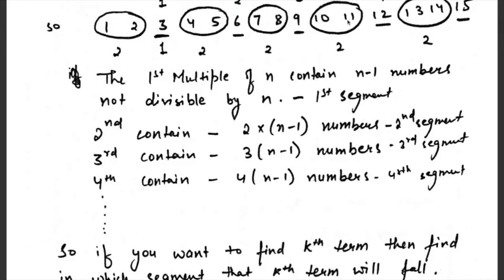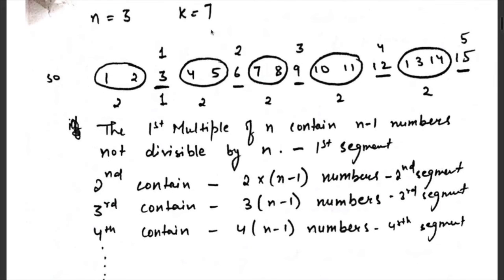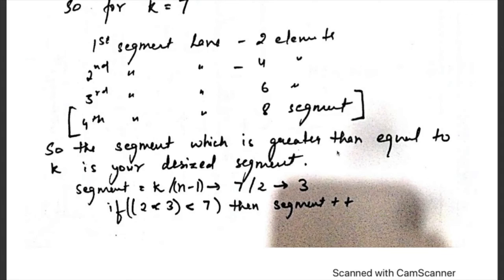When we find a segment whose total is greater than or equal to our k, we can be sure that this segment definitely contains our kth term, because before this segment the number of elements is less than k, and up to this segment it is greater than or equal to k. So the segment which is greater than or equal to k is your desired segment.